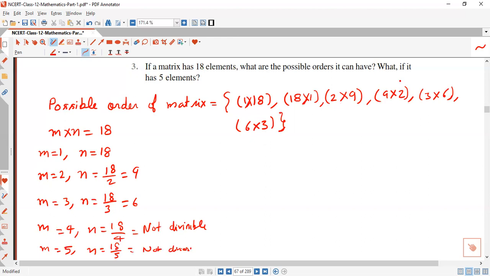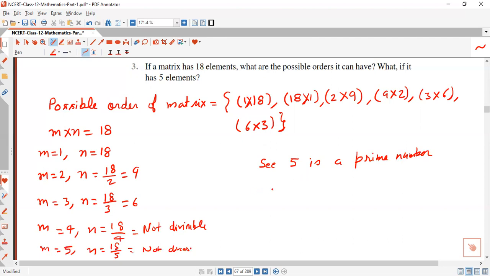The second question says, what if it has 5 elements? See, 5 is a prime number, so it cannot be divided further into integers.